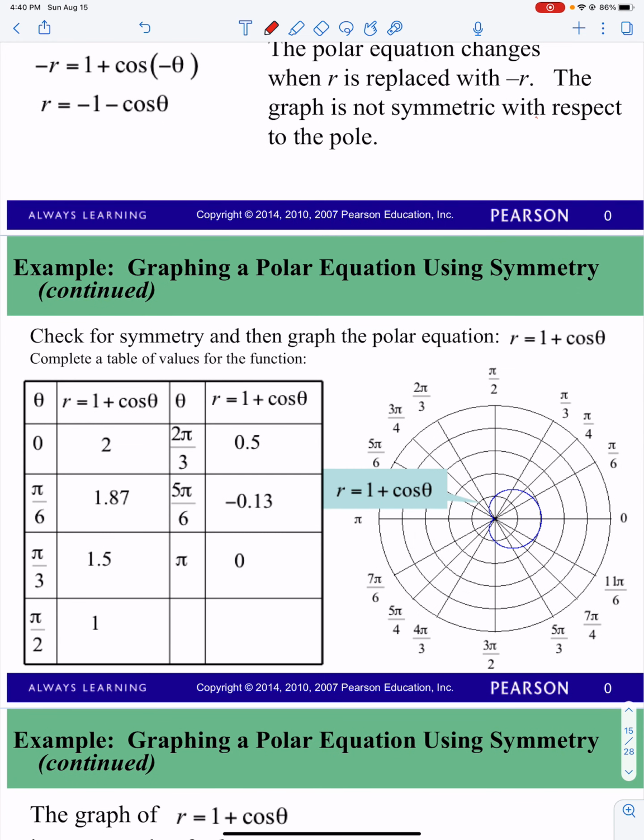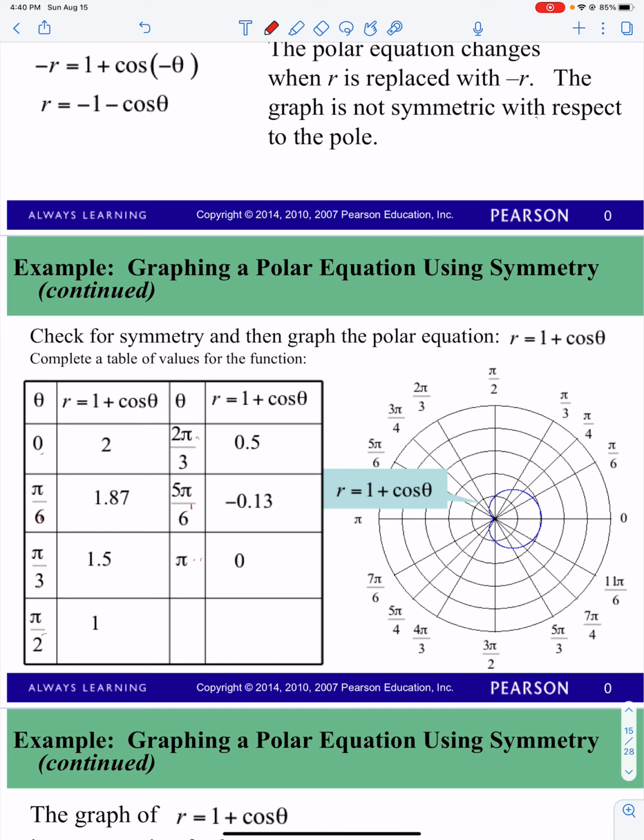Then they also wanted to draw the graph. So r equal to 1 plus cosine theta. You have to choose special angles to draw. Why do you only choose from 0 to pi?